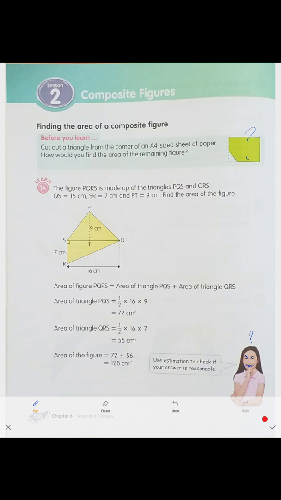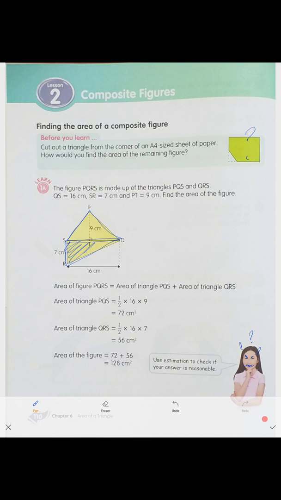The figure PQRS is made up of the triangles PQS and QRS. So here is a complex figure, but if you break it down into two triangles, it's not that complex.